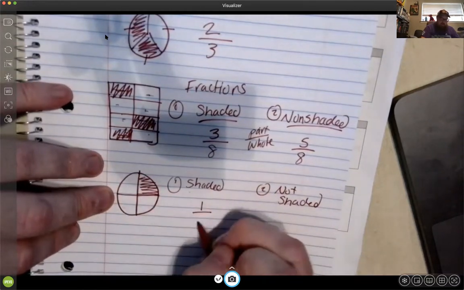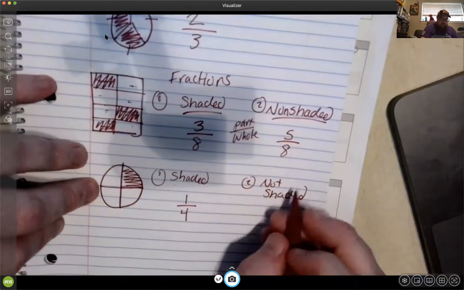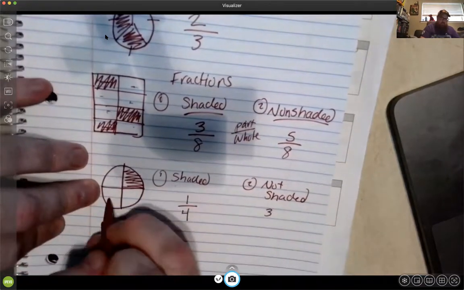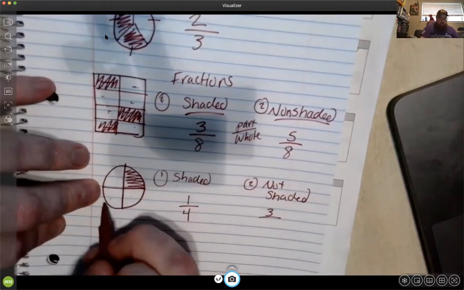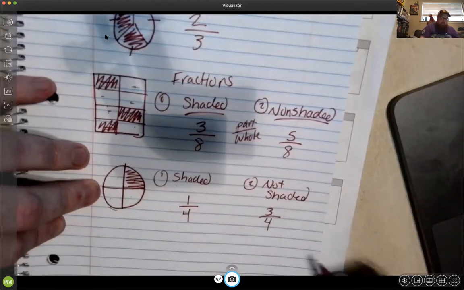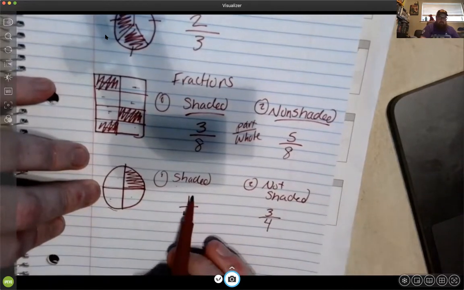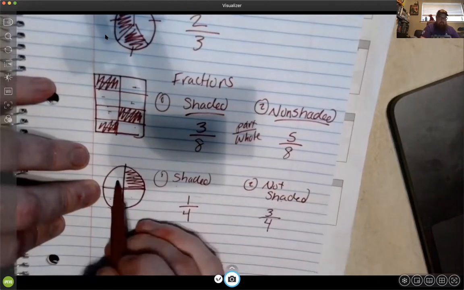So that's 1/4. When I look at my not shaded in, I see there are 3 pieces that are plain. And then I see there are still 4 pictures that make up my entire picture. So our fraction for the shaded is 1/4, and the fraction for the not shaded is 3/4.